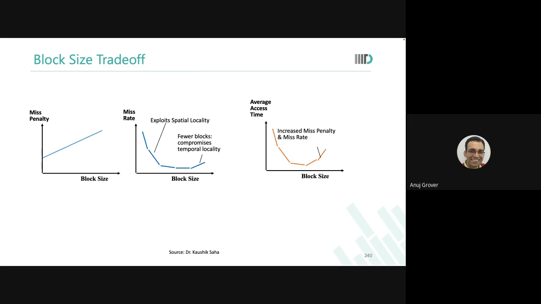Over here, as the block size increases, the miss penalty increases because you have to fetch a larger line. As the block size increases, even though initially, due to the benefit of spatial locality, I stand to gain, later I start to lose because fewer lines can be stored. And that is where my access time also starts to increase. Is that okay?